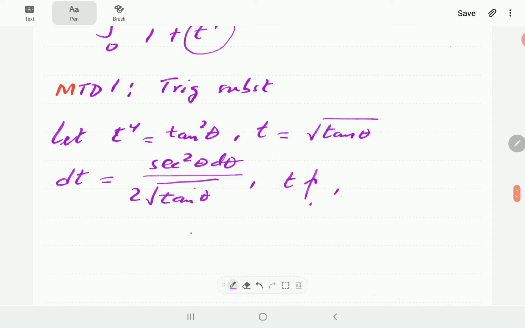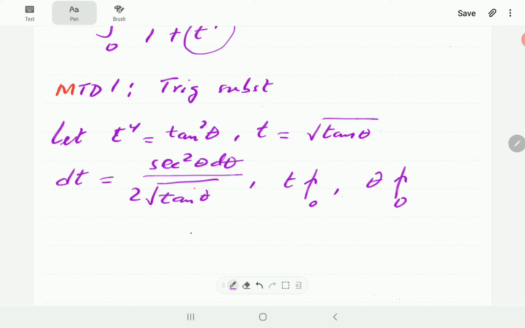Then next the limits. So when t equals 0, theta: if we plug in t equal to 0 here, tangent is 0, so theta must be equal to 0.